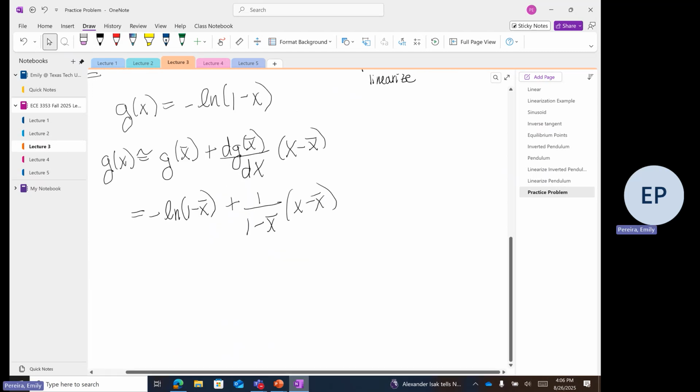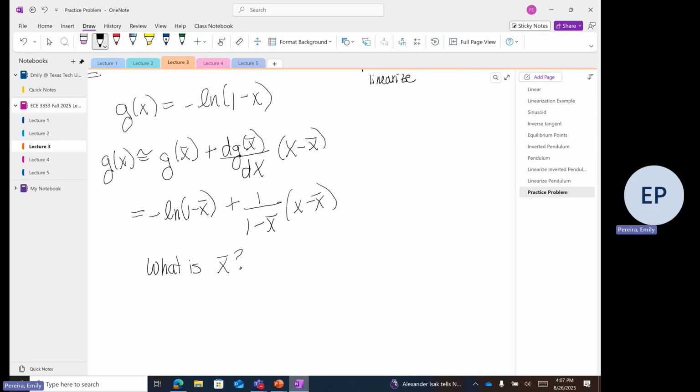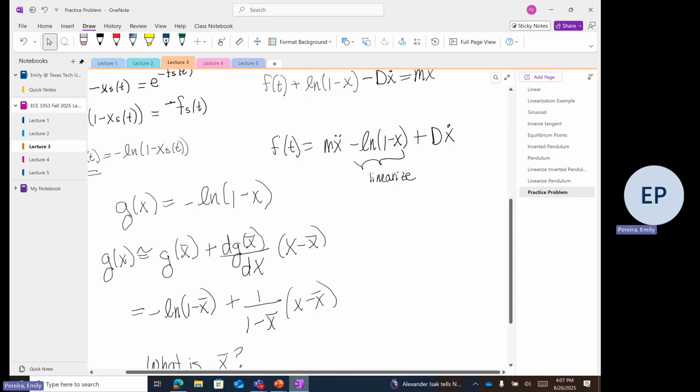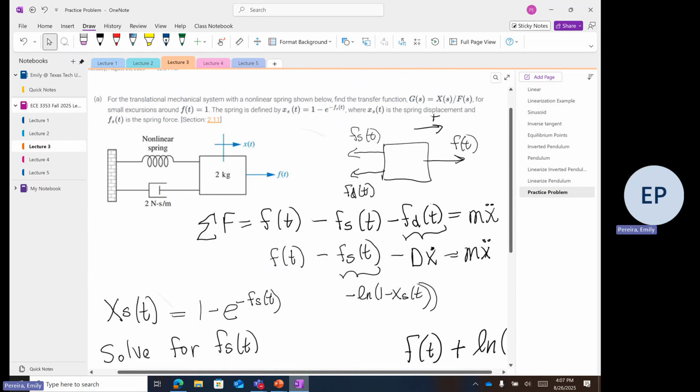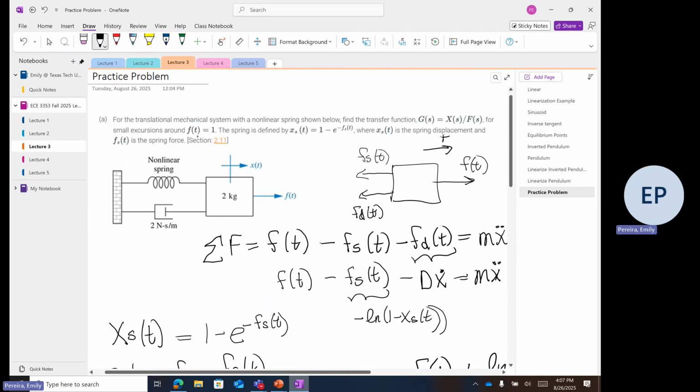Okay, so the only thing we have to figure out then is, what is x bar? Well, if we go back to the problem, we are told that we're going to have some small excursions around the input force f of t.